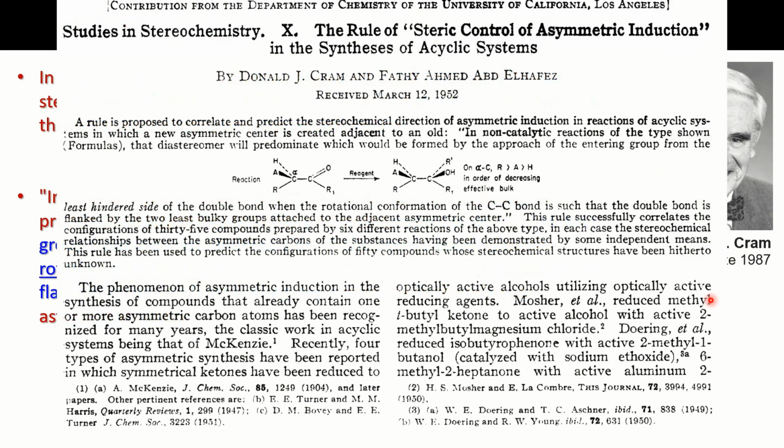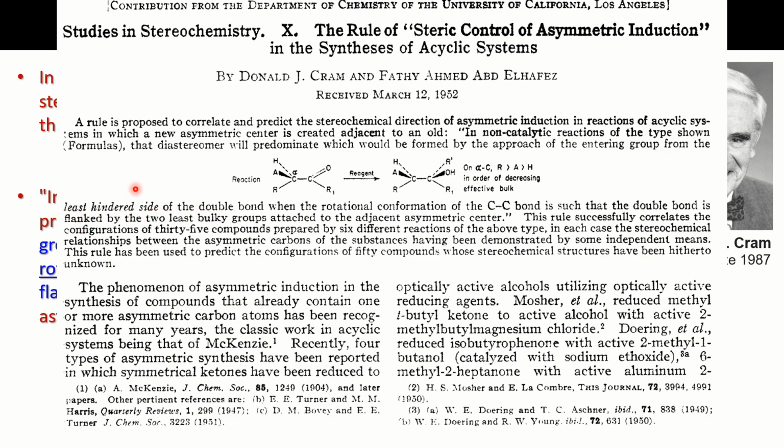And this is his paper, which was published in JACS in 1952. Here the title is Steric Control of Asymmetric Induction in the Synthesis of Acyclic Systems. So here he writes that in a non-catalytic reaction of the type shown, that diastereomer will predominate which would be formed by the approach of the entering group from the least hindered side of the double bond.